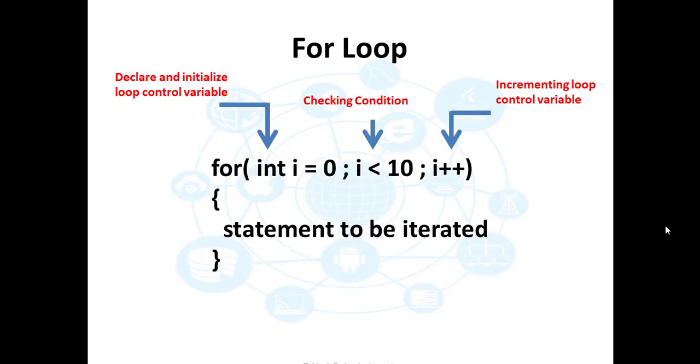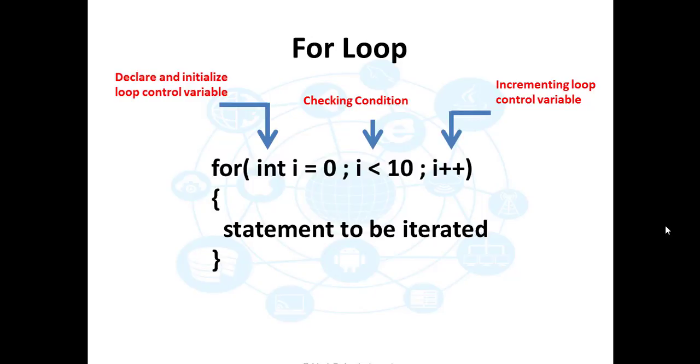Why do we use loops? A loop is basically used to do a particular work again and again until a specific condition is not met. For example, if you see the structure of the for loop, first of all we have the initialization variable which is declared.